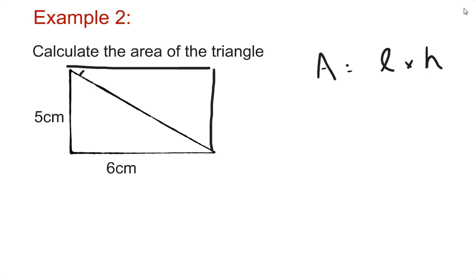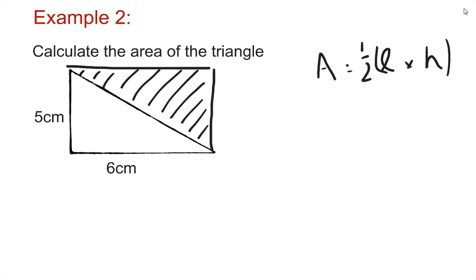But we don't want this area here. So what we're going to do is halve the amount. So it's pretty much the same as a rectangle, only we only want half of it for a triangle.